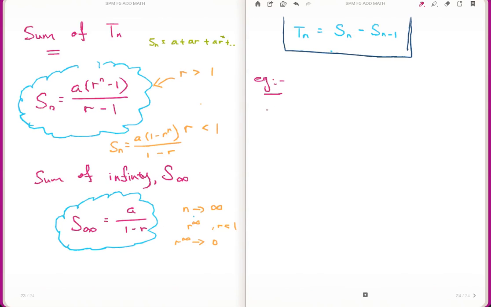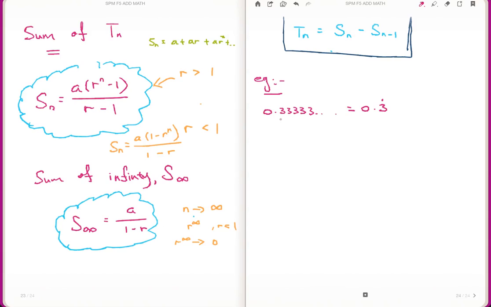So it says 0.3333 dot. In some books, it will be represented by 0.3 with a dot, because this 3 is where it recurs. So this is one of those questions, and you need to get the fraction for this decimal.